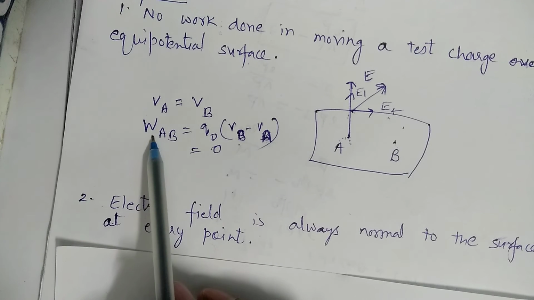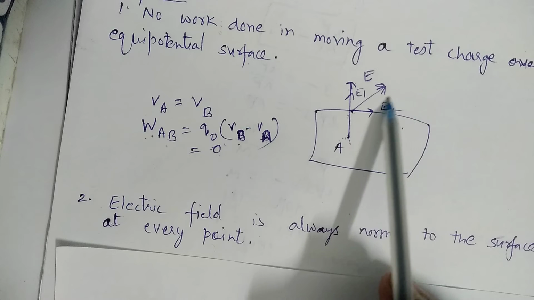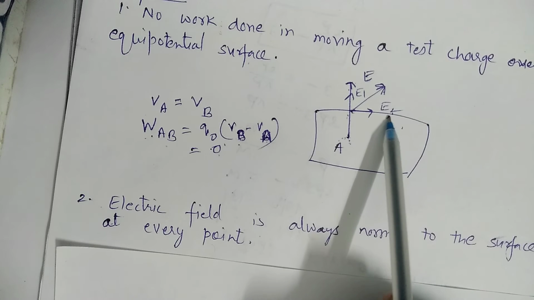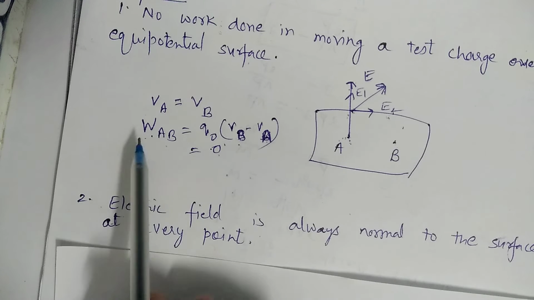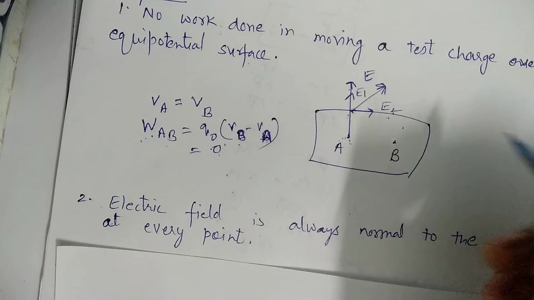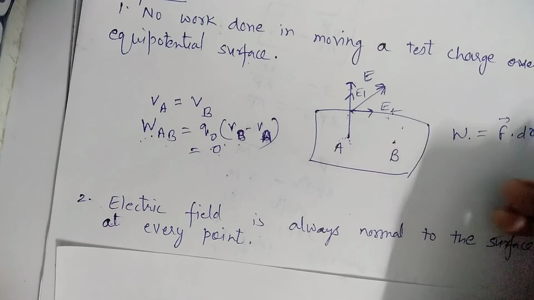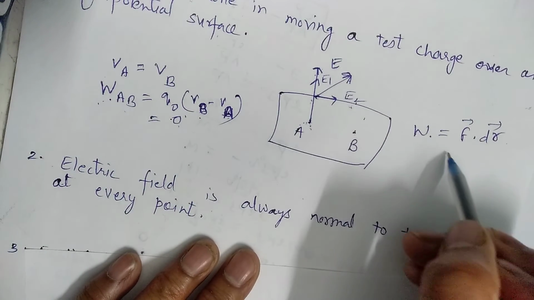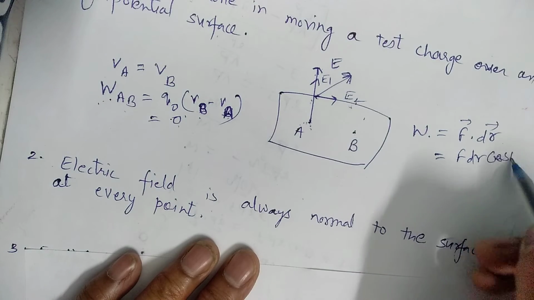But as we have explained earlier, work done is 0 in moving a test charge on any equipotential surface. So it means no question arises for the existence of this tangential component. In other words, we can also explain it: work done is equal to 0, and we know that work done is the dot product of force and displacement, which is F dr cos theta.